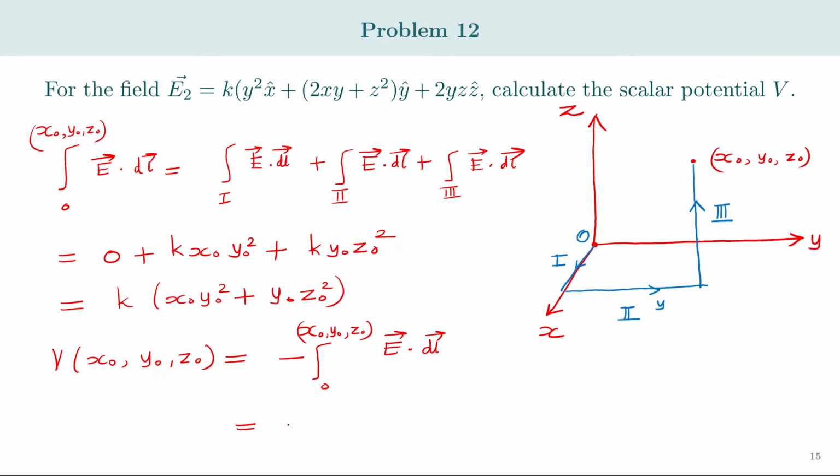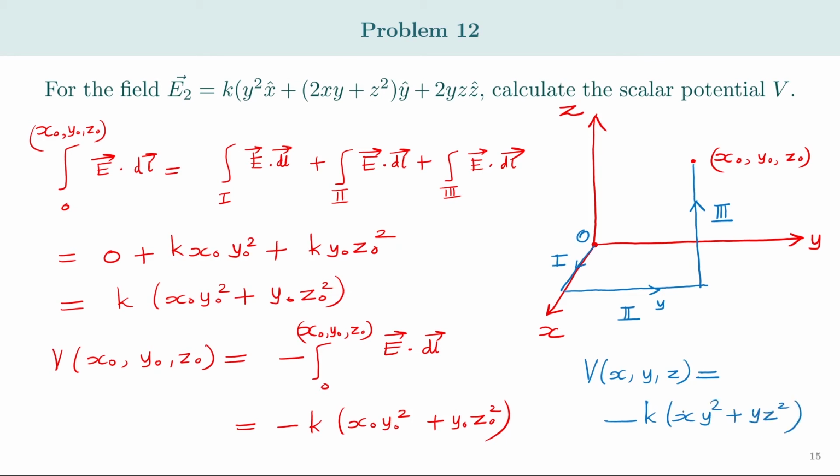And this is equal to negative of k times (x0 y0² + y0 z0²). Or in general, V(x, y, z) is equal to negative of k times (x y² + y z²).